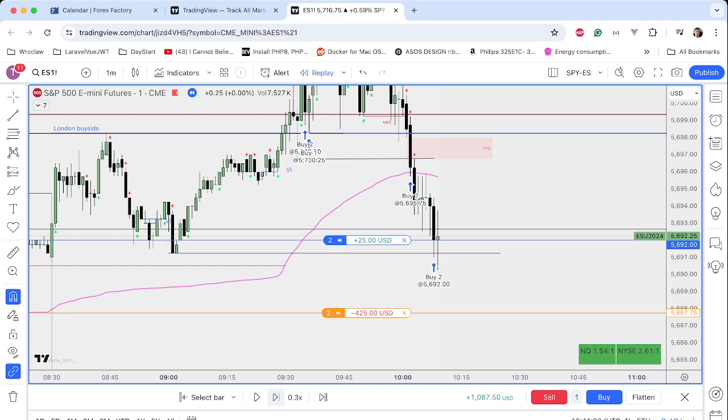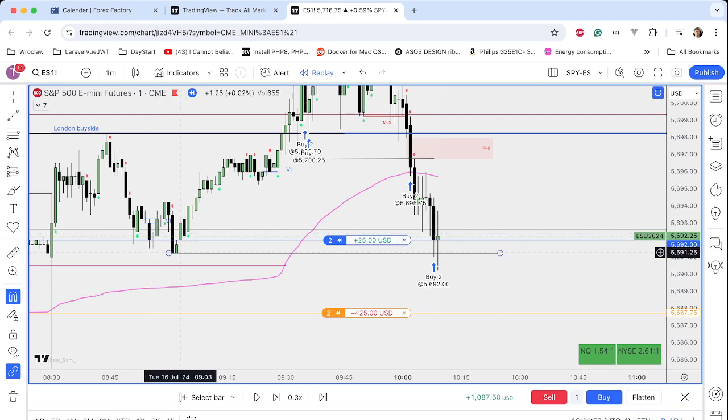Okay, so now we took this properly. 91.90, so that's 1 point. One point would qualify as a proper stop loss run, especially in electronic trading hours.